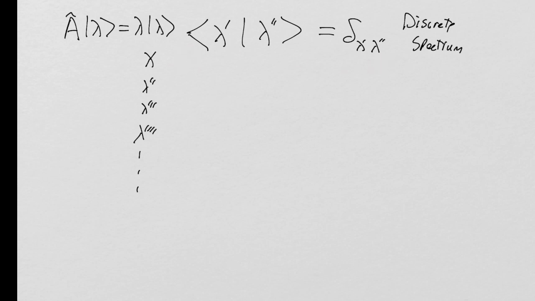Now, there are some operators that do not have a discrete spectrum, or circumstances where an operator has a discrete spectrum sometimes and a continuous spectrum other times. But the classic non-discrete spectrum is position. The position of a particle in principle can be anywhere on the real line. So position is measurable, and it must be represented by a Hermitian operator. That Hermitian operator must, by definition, operate this way.